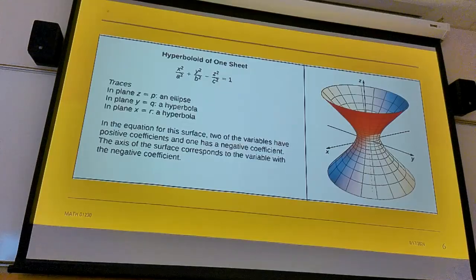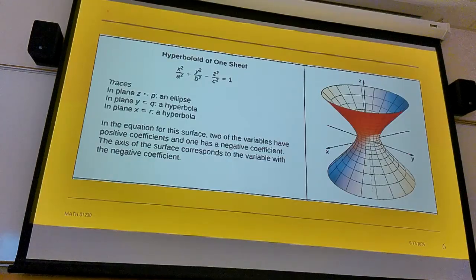Notice here the axis is the axis that corresponds to the negative variable. So the one that's drawn has a z-axis. Put two sheets.